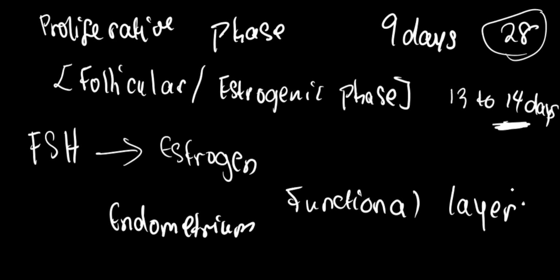It's very important for us to take note of the fact that the basilar or basal layer of the endometrium remains. It is not sloughed off. It's actually what forms the basis for the regeneration of the functional layer. So it's very important for us to take note of this.